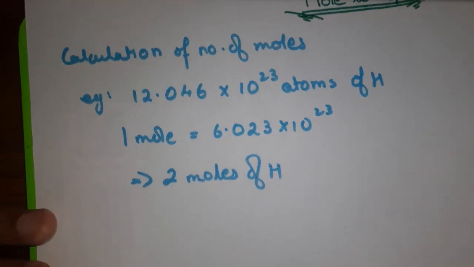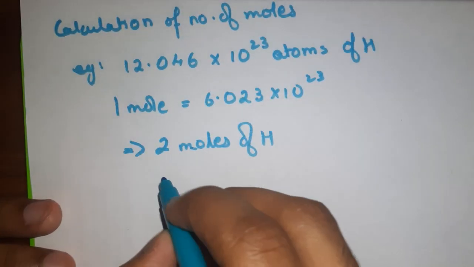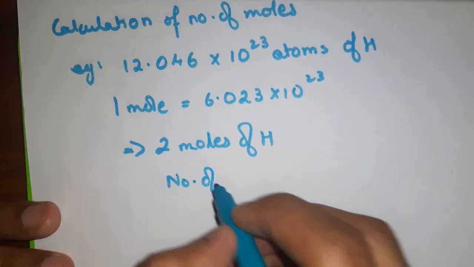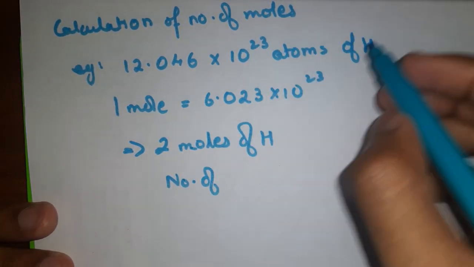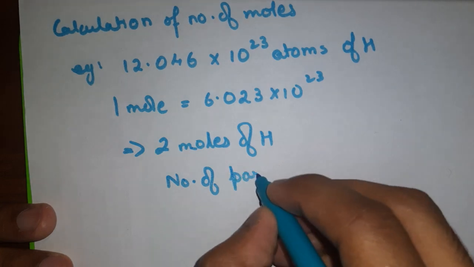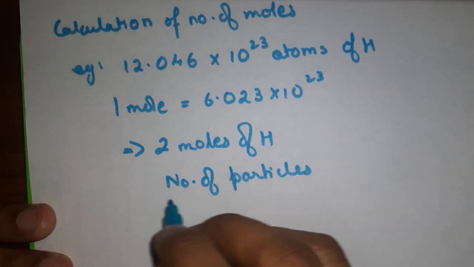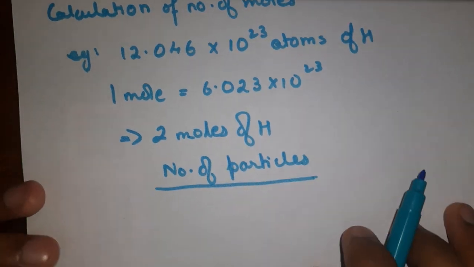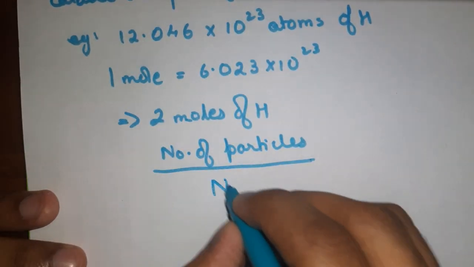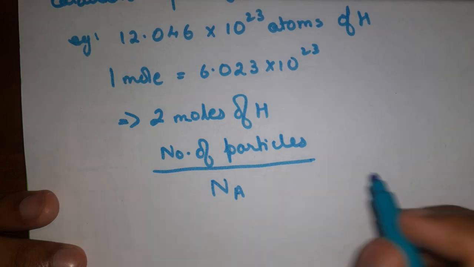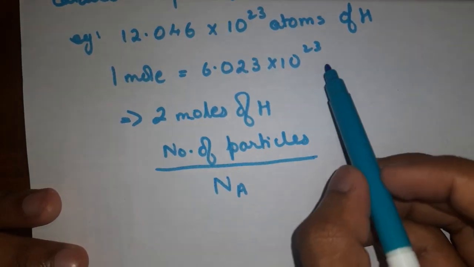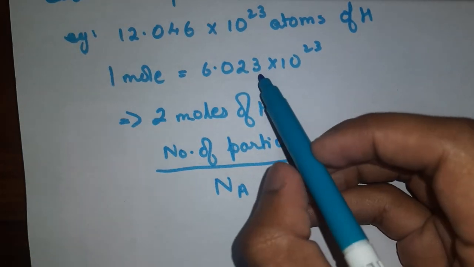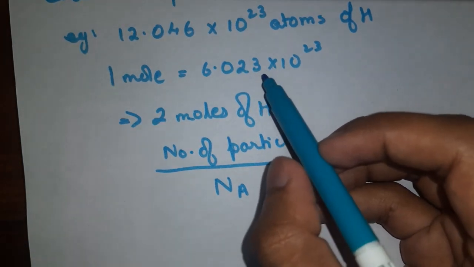It's simple, right? What you just did there was dividing the number of particles, number of atoms in this case, but in general it would be number of particles, with the number of particles in a mole, which is Na, or Avogadro's number, 6.022 into 10 raised to 23. Somewhere it's 6.023 and somewhere it's 6.022.